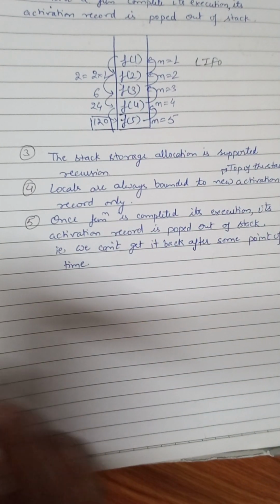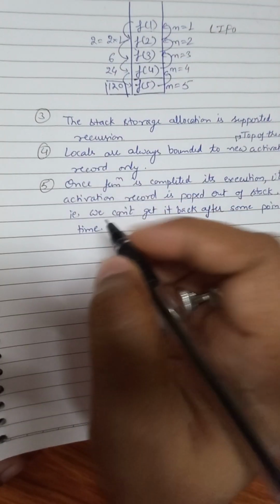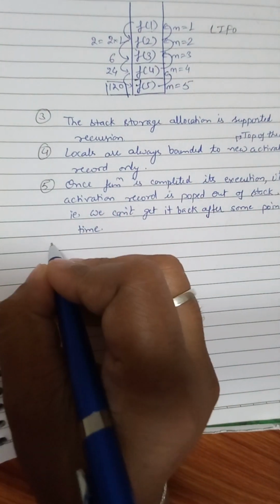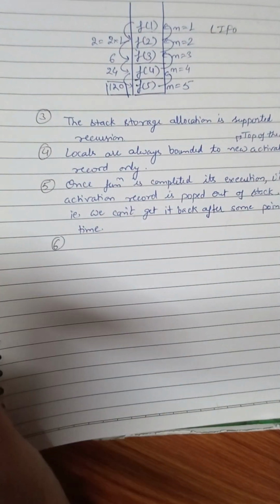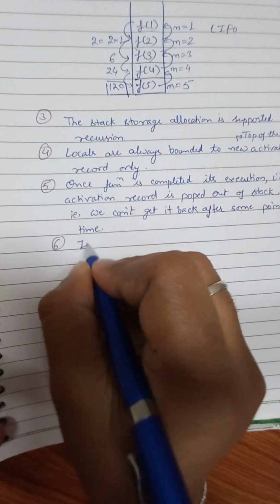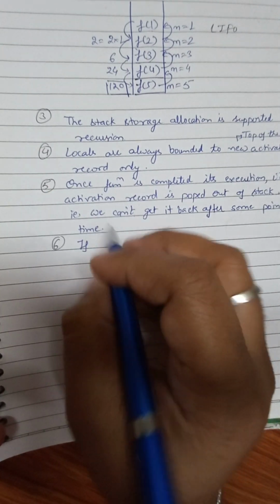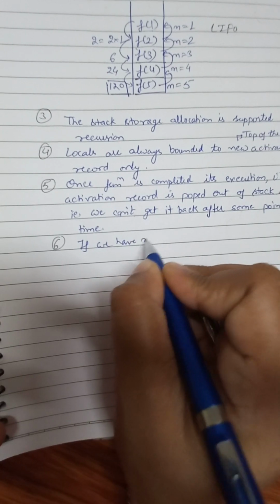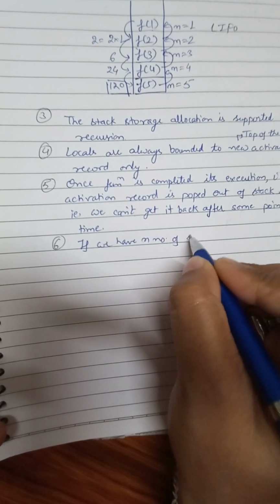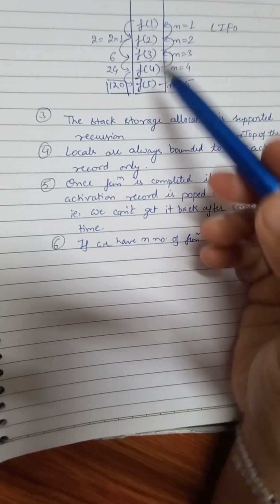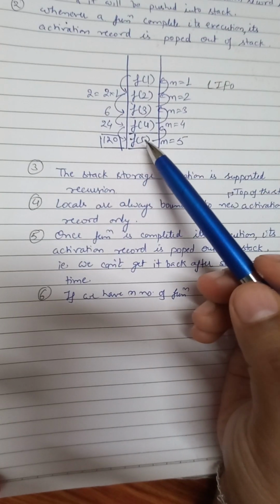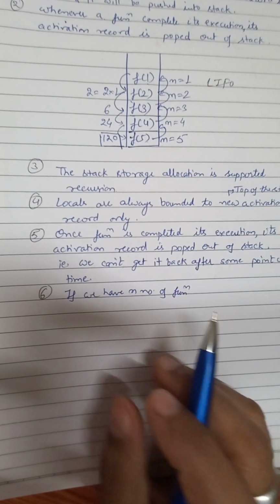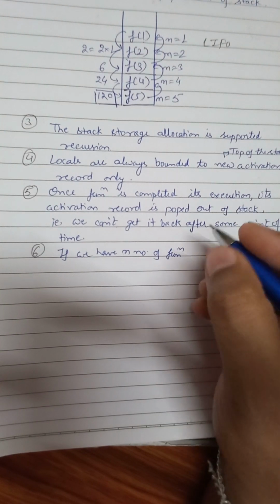And one more thing is also there. That is what? Suppose we have n number of functions, and instead of n we can say 5 here, 5 functions, so we can't go to n directly.